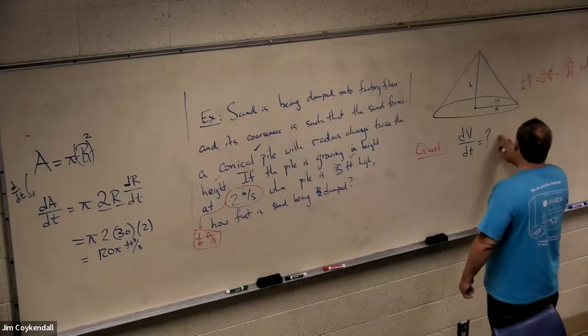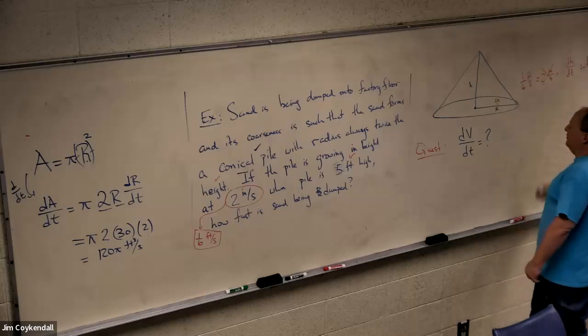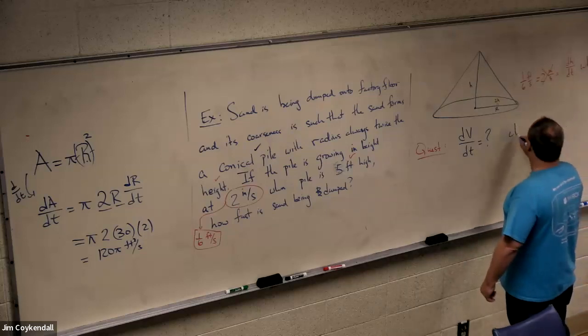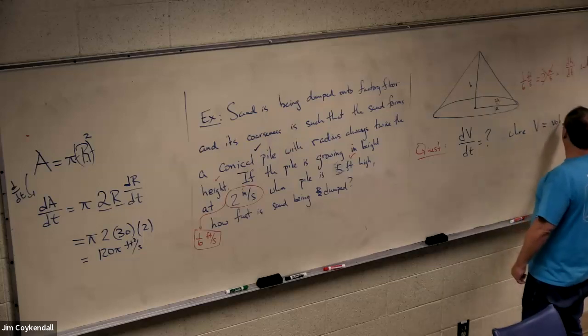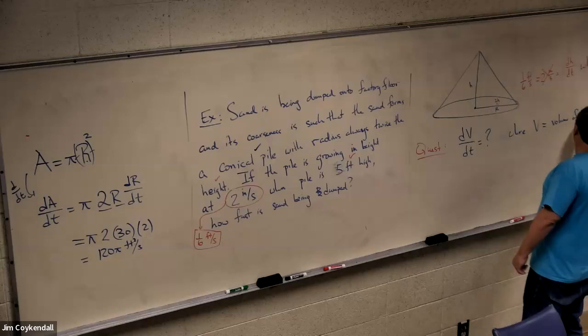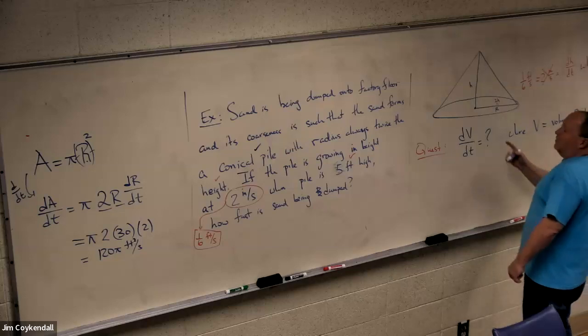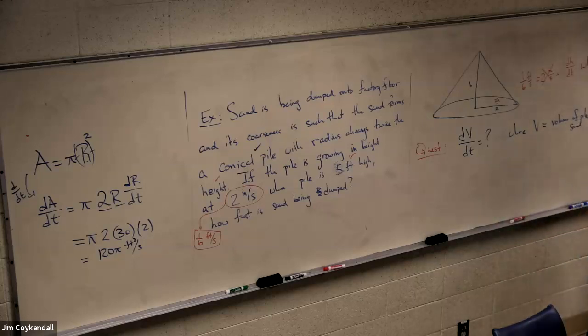Well, actually the dV/dt is constant, but we've got this in time. The volume is the same, because however much that pile of sand is increasing is exactly how fast that sand is getting dumped on, right?